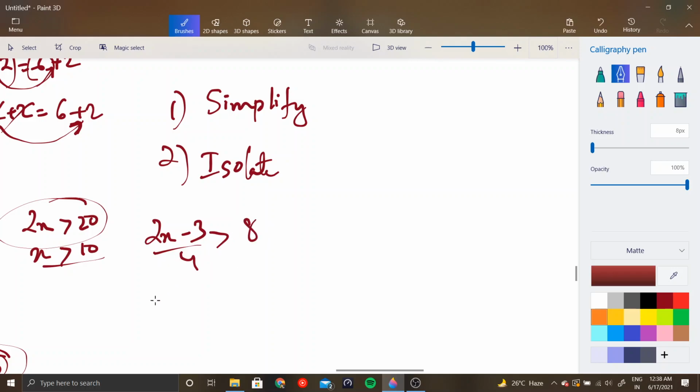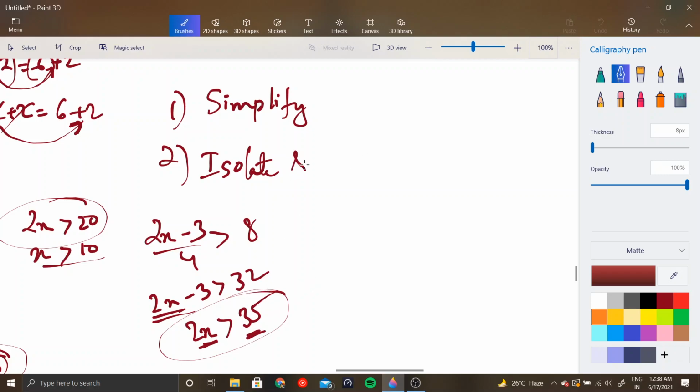So firstly simplify it: 2x minus 3 is greater than 32. Now what I mean by isolating is, you will just have the variable on one side and all the other terms on the other side. So 2x is greater than 35. This is isolating. So you have x on the one side and you have the other part of the inequation on the other side.